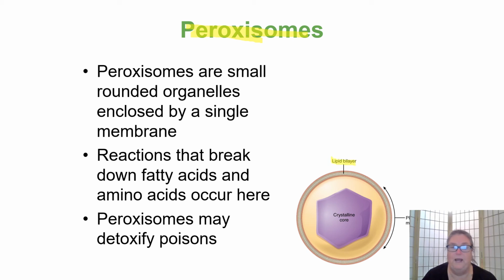We've got a lipid bilayer, a membrane around it. So we've got a single membrane, and it breaks down fatty acids and amino acids. These peroxisomes may also detoxify poisons. And in an illustration, they're just going to look like a vesicle.